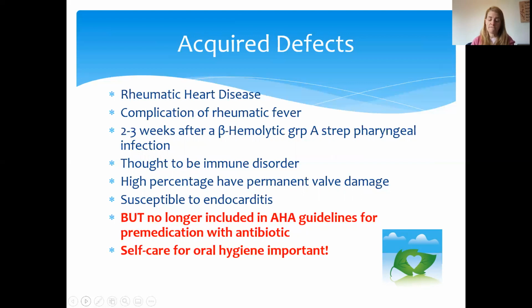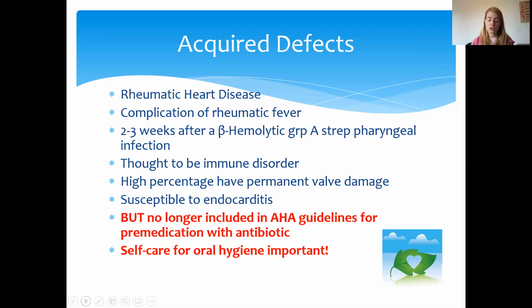A high number have valve damage and are susceptible to endocarditis, but rheumatic heart disease is no longer on the pre-med list. Rheumatic heart disease usually has its onset 2 to 3 weeks after beta hemolytic group A strep infection.